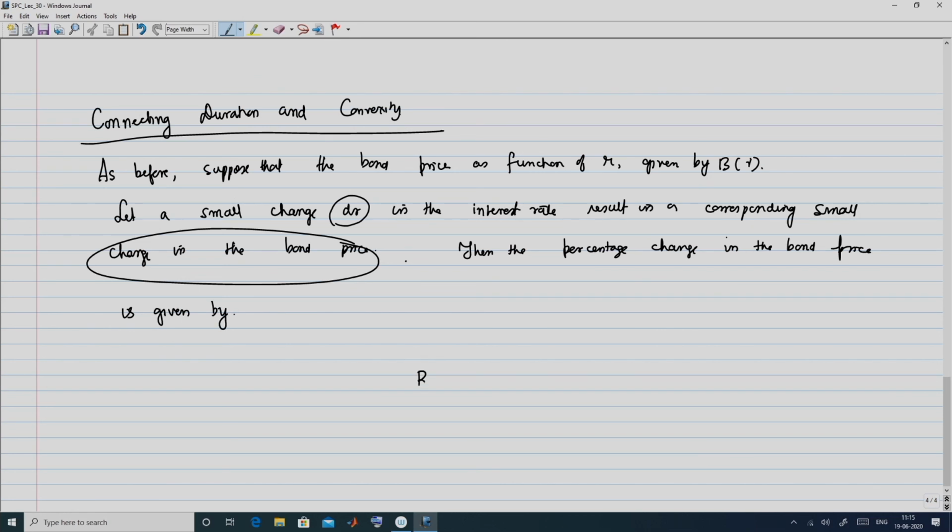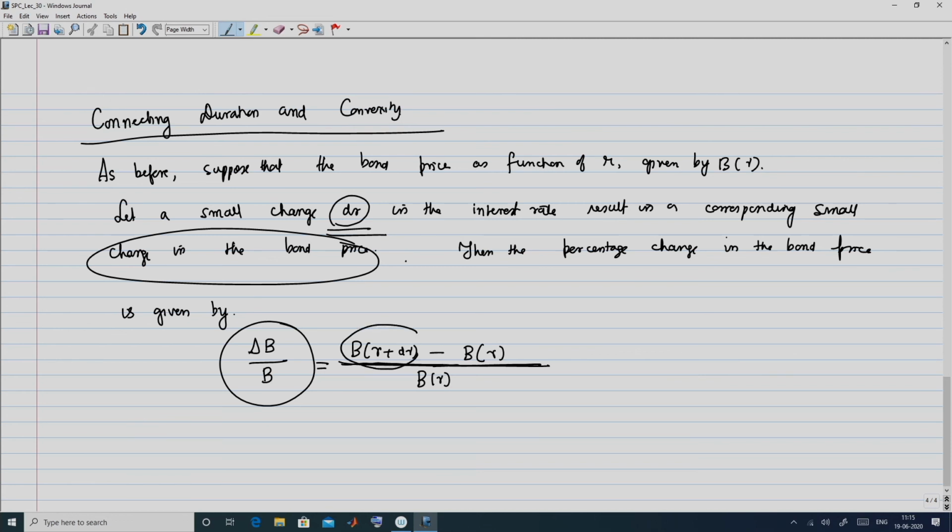Your original bond price was B of R and the new bond price is B of R plus dr. Remember, the interest rate changes by dr. So, the change in the bond price is B of R plus dr minus B of R, and the proportional change will be the ratio of this over the original B of R, which is delta B over B. So, this basically gives you the percentage change in the bond price.